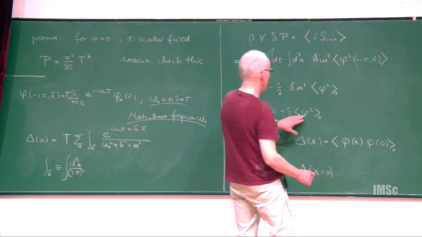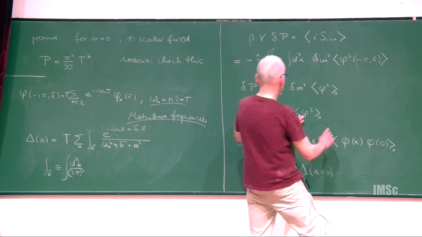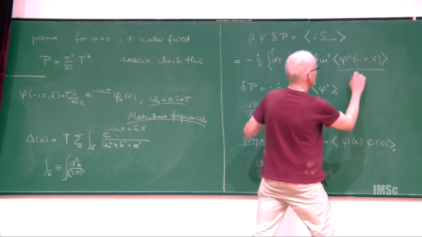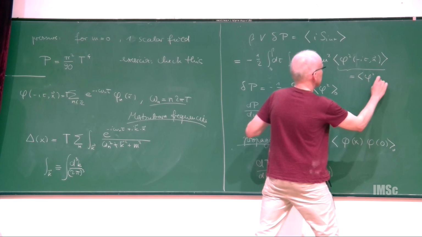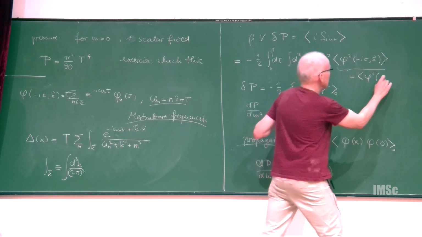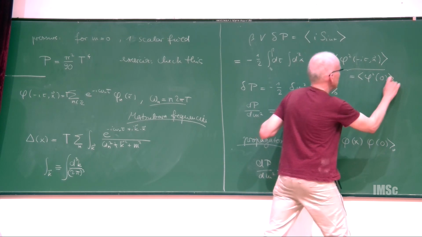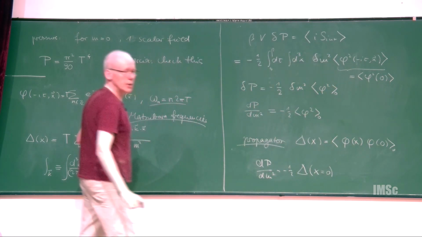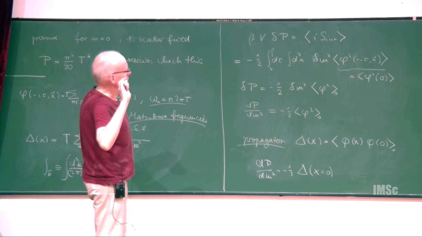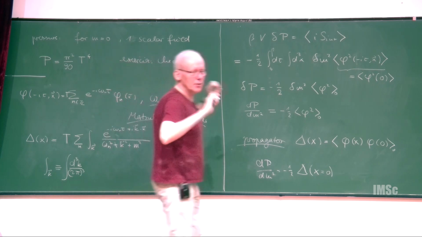This is what we have to compute. If I have translational invariance, as I argued, this is the same as phi squared at 0, and this is why I can put it to 0. Maybe it's more intuitive if I write a Feynman diagram.